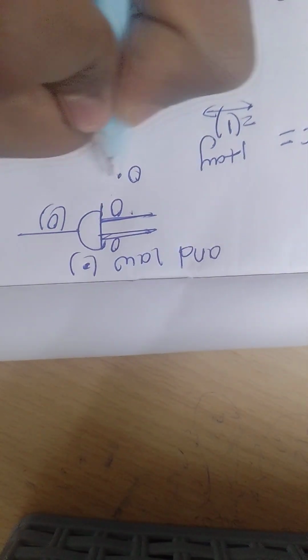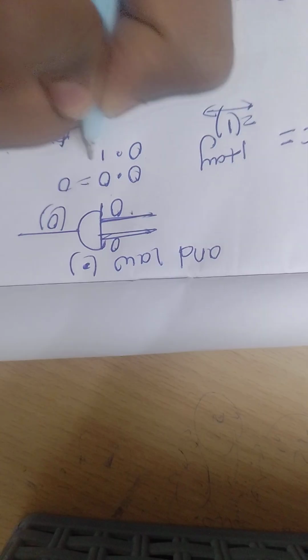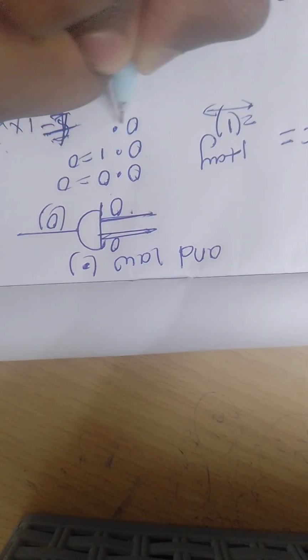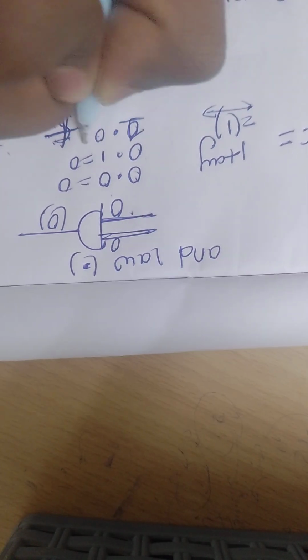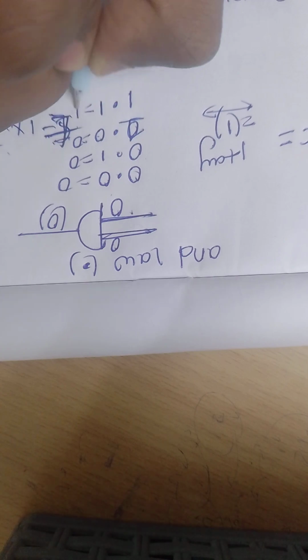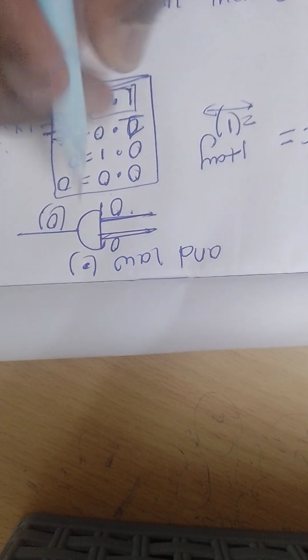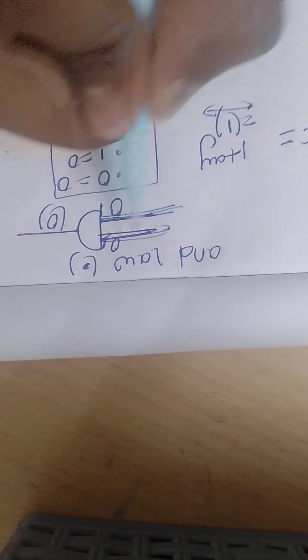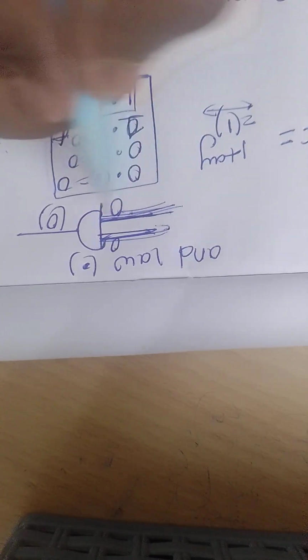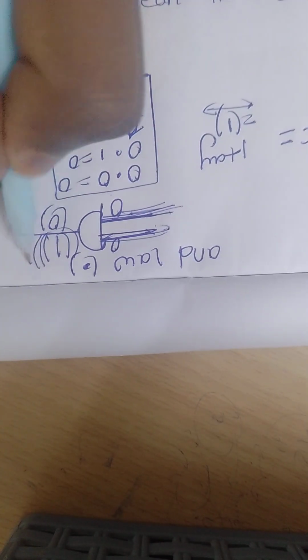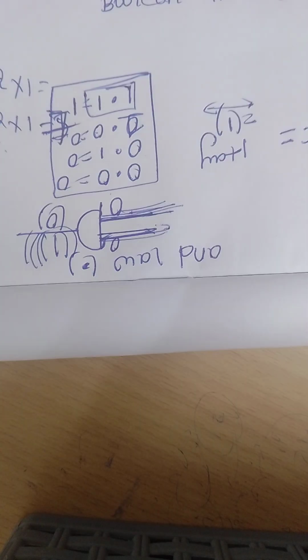Now 0 into 0 is 0, 0 into 1 is 0, 0 into 1 into 0 is 0 only, and 1 into 1 is 1. So only when all the inputs are 1 will we get output 1. That is nothing but the AND law.